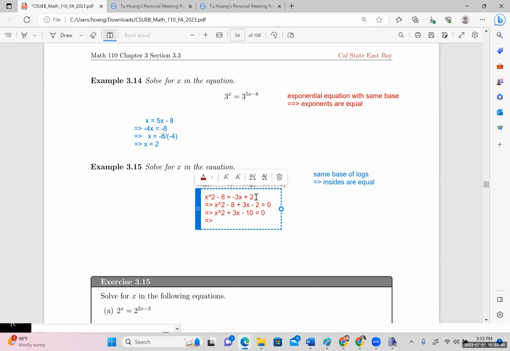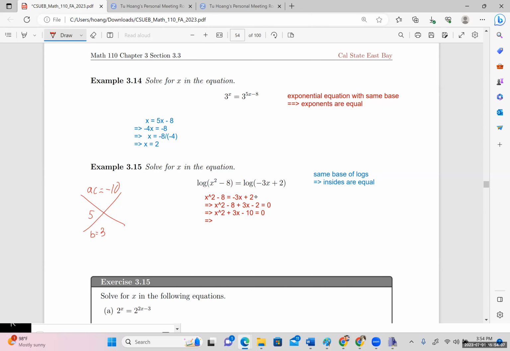Two numbers multiply to negative 10, and B equal to 3. So two numbers multiplied to negative 10 will be 5 and negative 2, right?